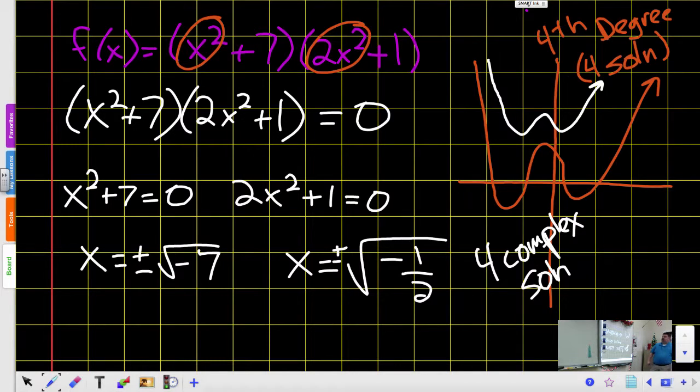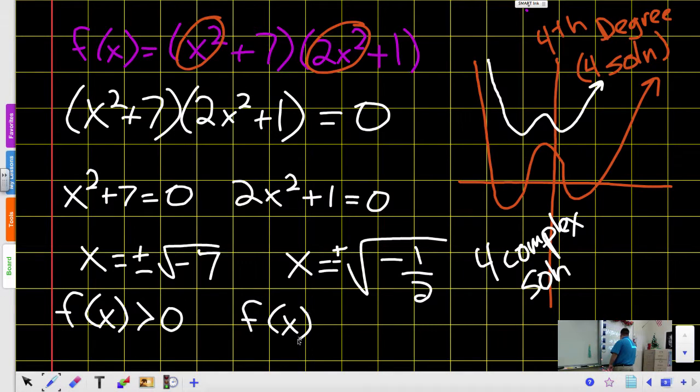So now when we look at the inequalities, if I change this right here, if I say I'm interested when is f of x greater than 0, I'll get one set of solutions. If I say when is f of x less than 0, I'll get another set.